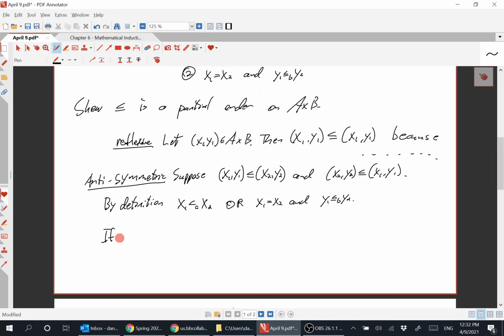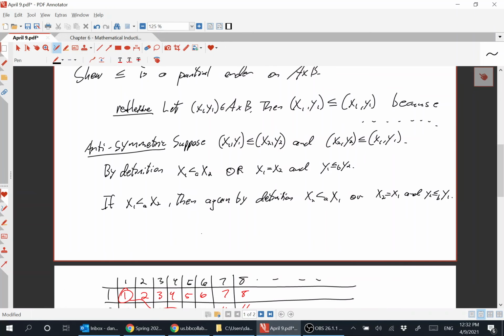So if x1 is less than in A, x2, then again by definition, x2 is less than in A, x1, or x2 equals x1 and y2 is less than or equal to in B, y1. So, well, if, oops, shouldn't be there.